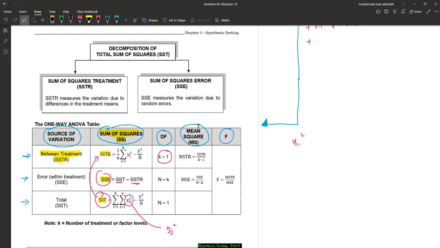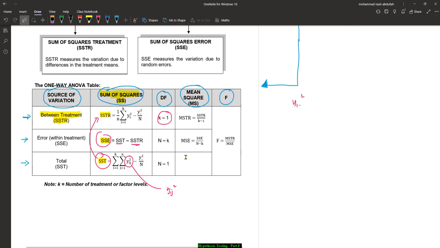And then the second last column we have mean square. In the mean square column we only have 2 values here. The first one is mean square treatment. Another one is mean square error. So we don't have mean square total.